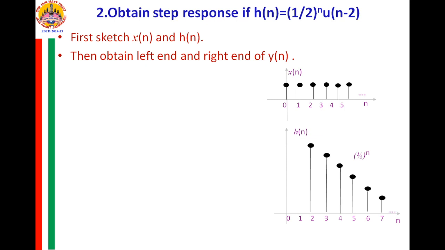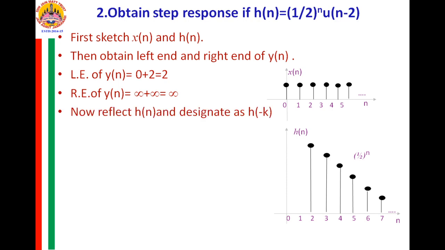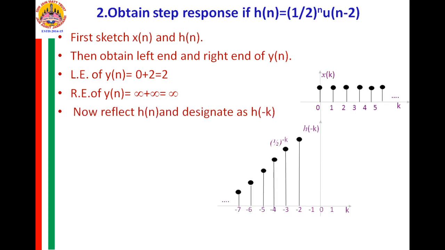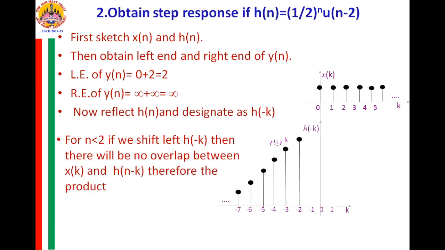Now the left end, if you see, is equal to 2 and the right end is equal to infinity. So we shall start by sketching xk and h of minus k, and then to evaluate the convolution, as there will be no overlapping up to n is equal to 2, we shall shift this h of minus k 2 times towards the right side and straight away start for n is equal to 2 onwards.